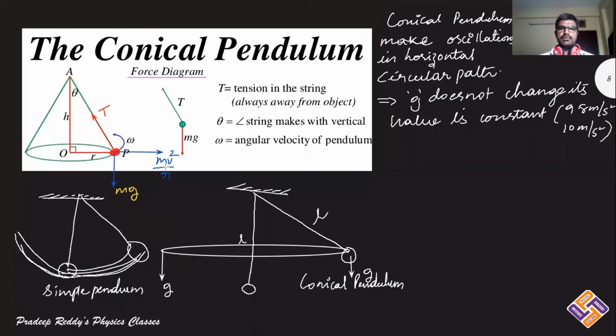Along the x-axis there is only the centrifugal force, and along the y-axis there is the gravitational force mg acting in the downward direction. Tension in the string is in the plane. I can resolve the tension in the string into two components, one in the vertical direction and the other in the horizontal direction.